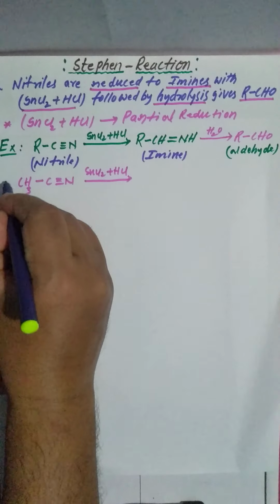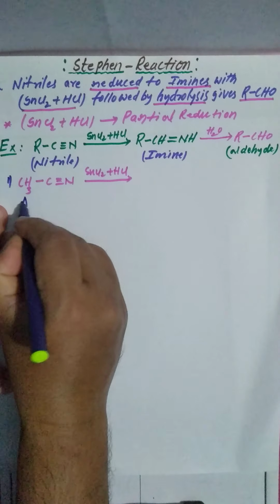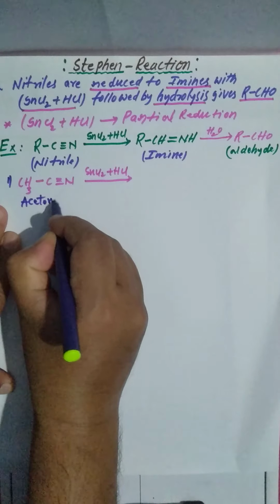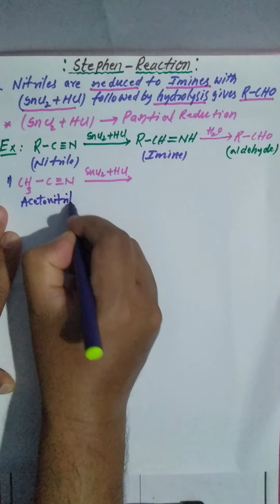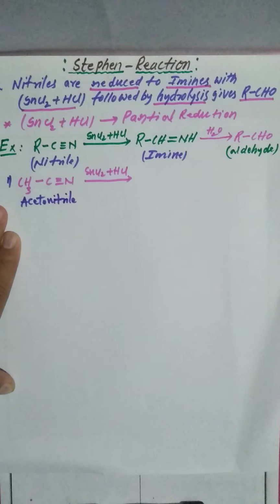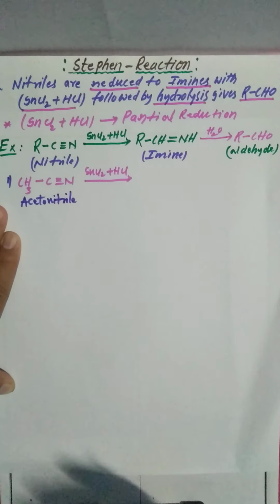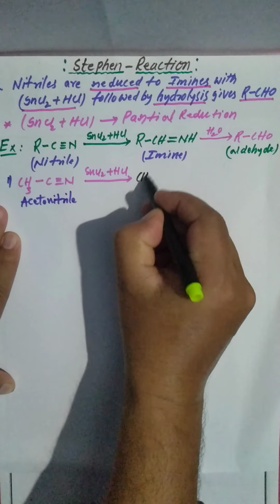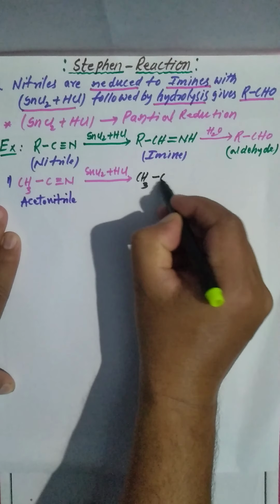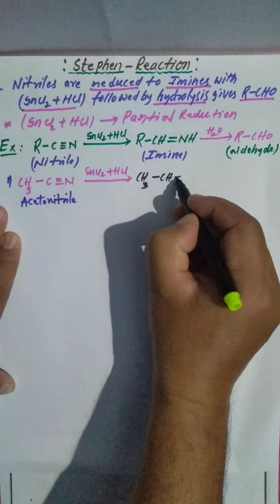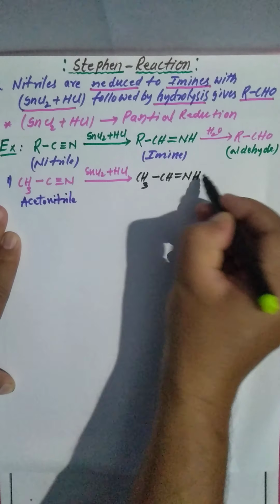Name of the reactant is acetonitrile. Acetonitrile subjected to reduction, and it will give an imine, that is CH3 CH double bond NH.